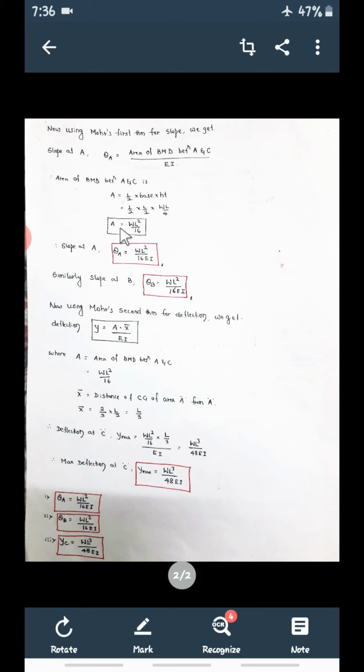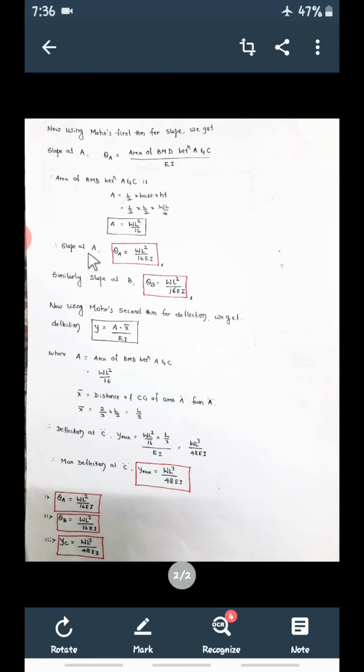Therefore the area between A and C is WL square divided by 16, since 4 into 2 into 2 is 16. This is the area of the bending moment diagram between A and C. Now substitute here.